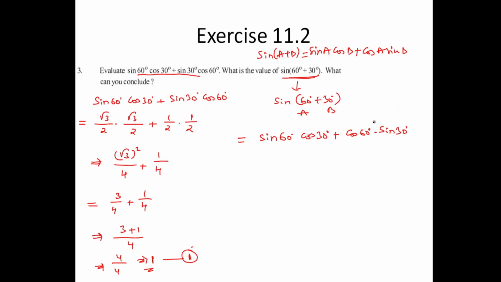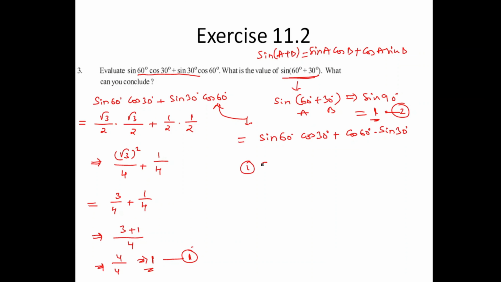Even if you are adding these angles here, this becomes your sin 90. So the answer is 1 only, right? So let this be equation 2.